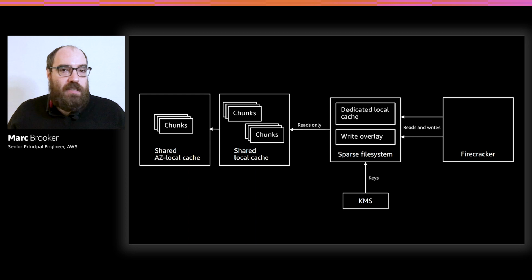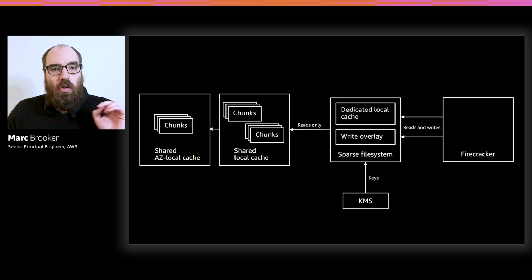That Firecracker process is then passing off these reads and writes to the local sparse file system agent. Inside the sparse file system agent are three important pieces. There's a dedicated local cache that provides a dedicated cache just for your micro VM of commonly read disk areas, so they're kept nice and hot and nice and fast to access.